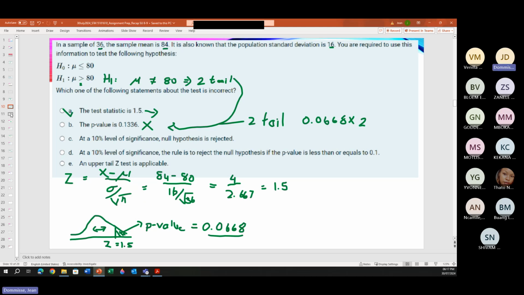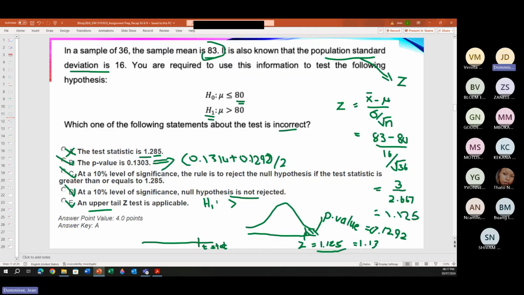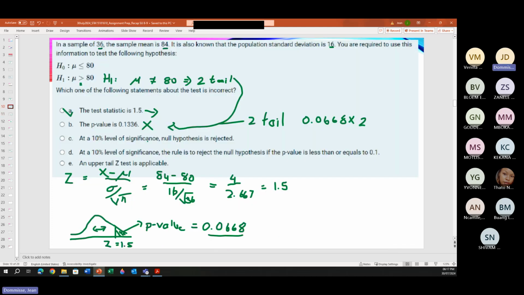Because again, what I've now done in this one and in this one and in the other one, they have used a one tail.